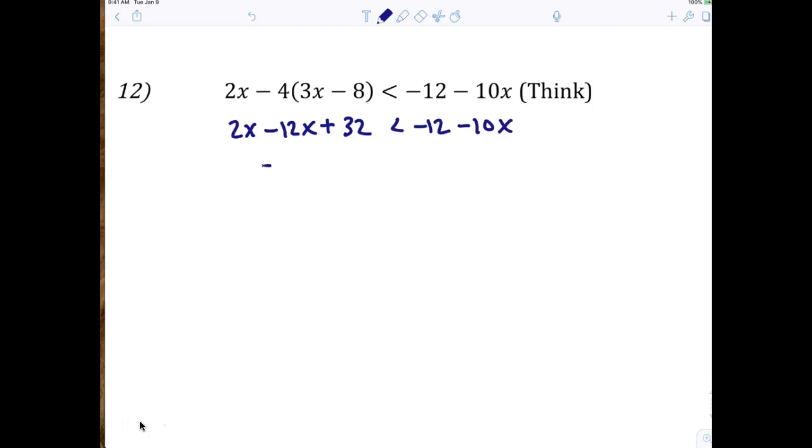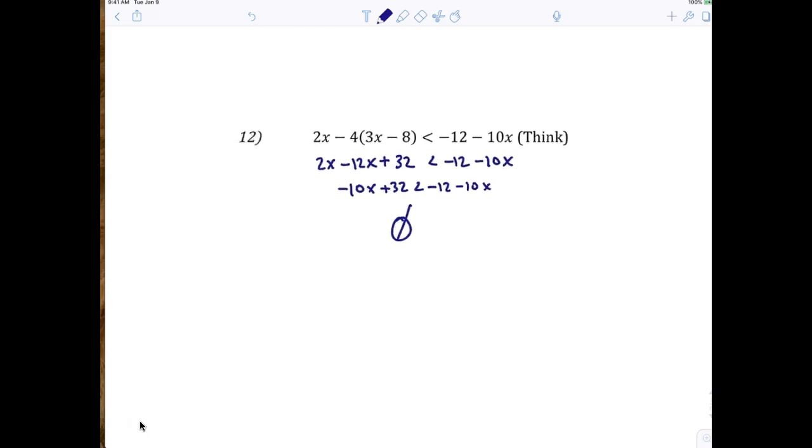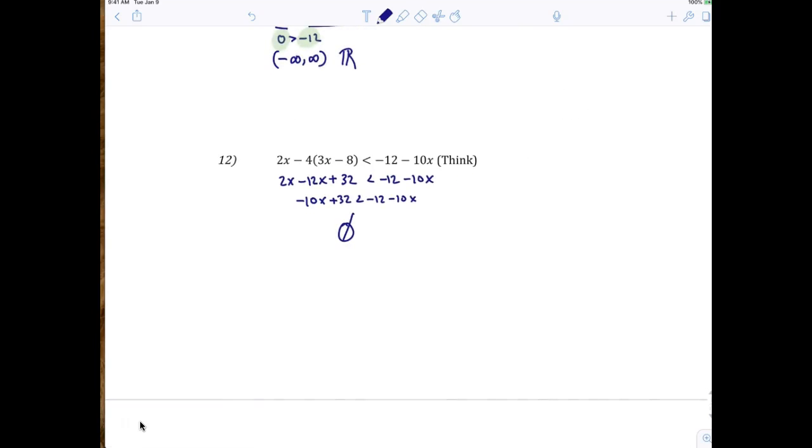So now I have, just to make sure, negative 10x plus 32 is less than negative 12 minus 10x. Is 32 less than negative 12? No. No solution.